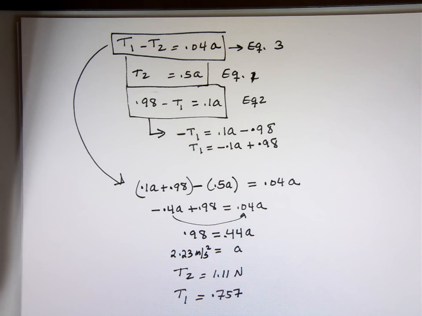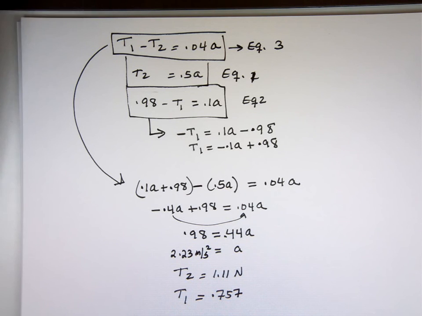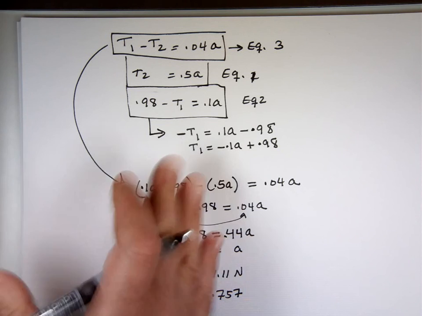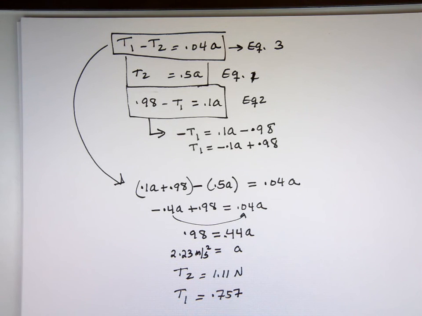We neglected the pulley completely. We couldn't bring it in because we didn't know the inertia or the other quantities. But that's really what's going to happen there. So that's the difference between the way we did it in Physics 1 and the way it's done now in Physics 2.